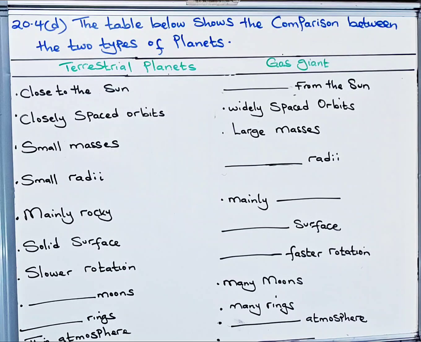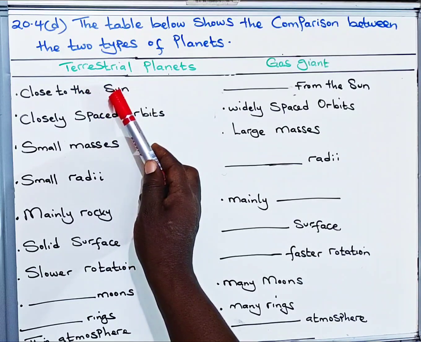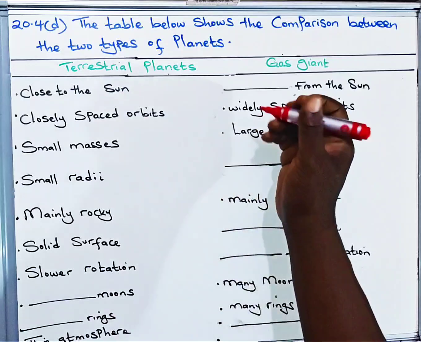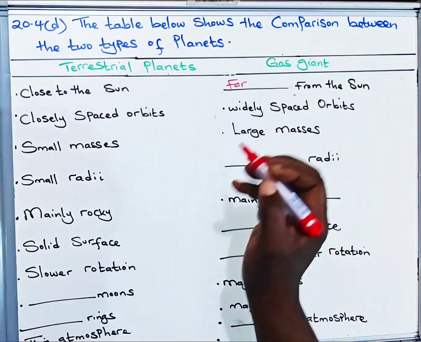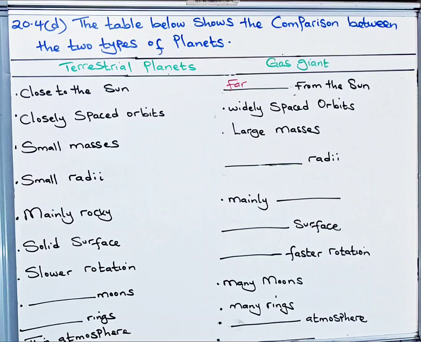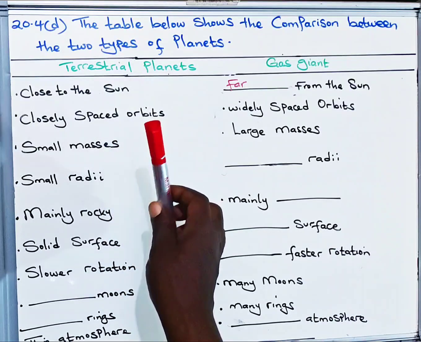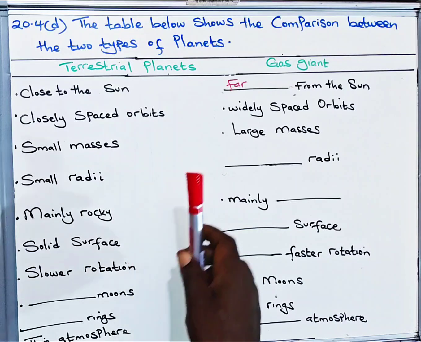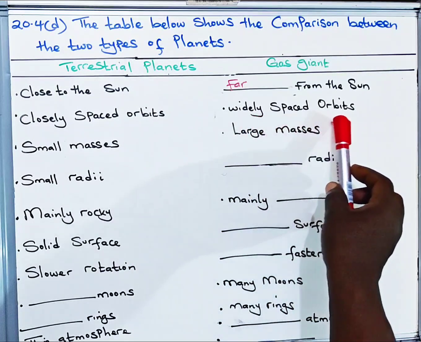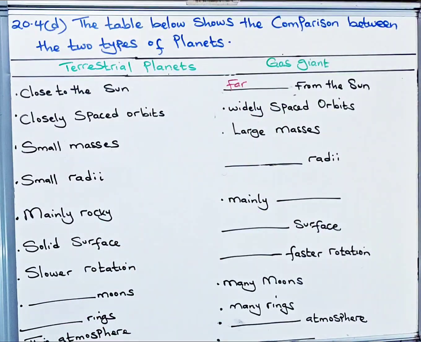The first one is close to the sun, and that side, far from the sun. Then the second difference, closely spaced orbits. The orbits which are close to the sun are closely spaced, while this one is in widely spaced orbits. What we call orbits are the lines in which the planets move.